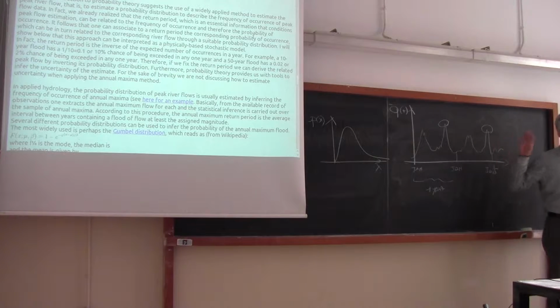I am making these considerations to stress a concept. When dealing with river flow data, the first thing that you have to do is to draw the hydrograph, look at it, and understand what kind of river you are dealing with.